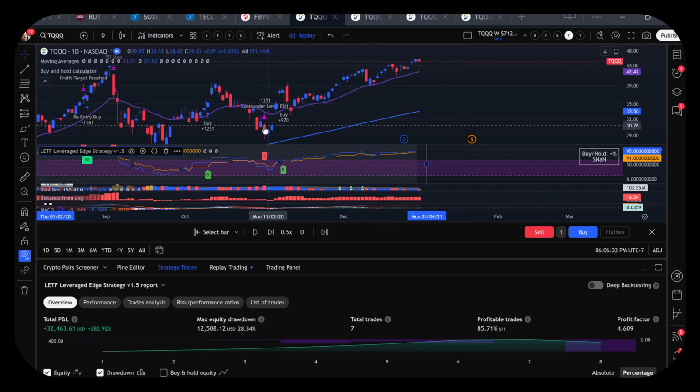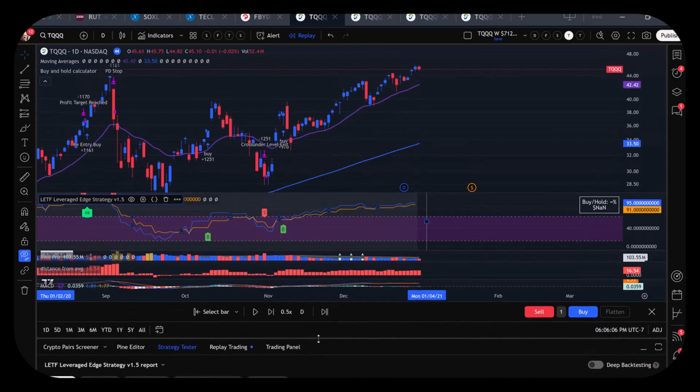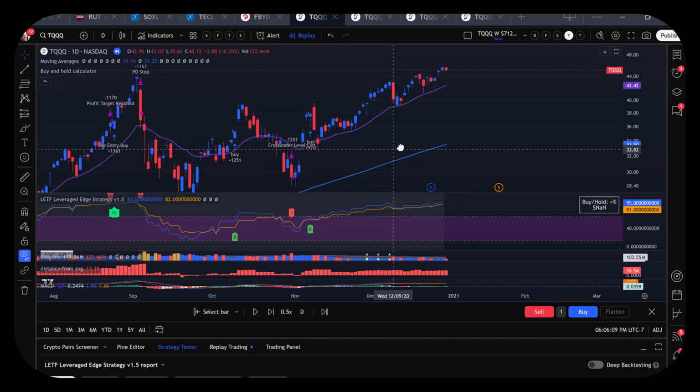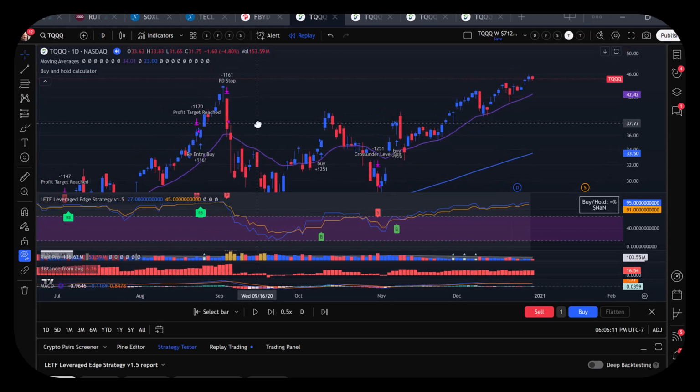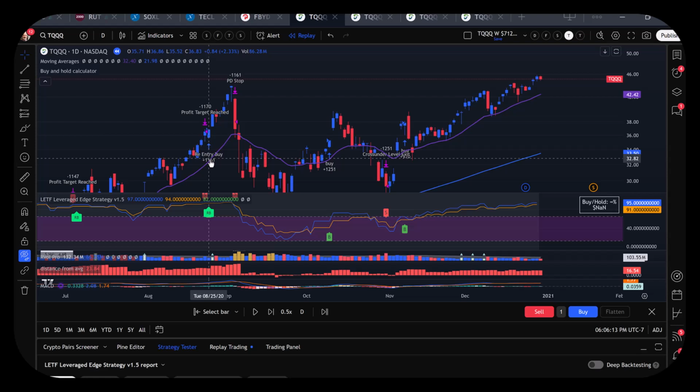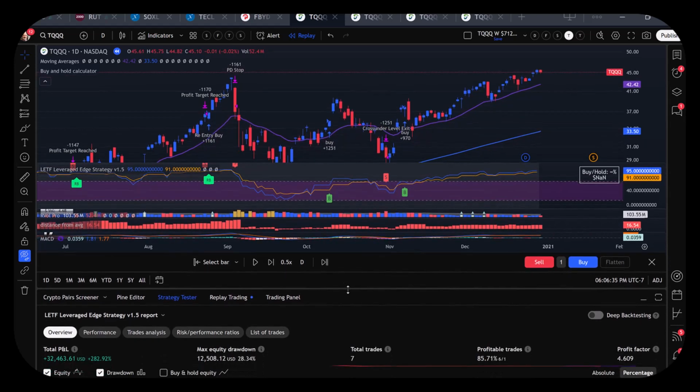The other thing is that we have extended trades, meaning that when we do a rebuy after a profit target sell, TradingView doesn't look at that as a new trade. Rather, they look at it as part of the same trade as far as continuing on from the standpoint of calculating a backtest net profit results, and that makes it a little bit more challenging.